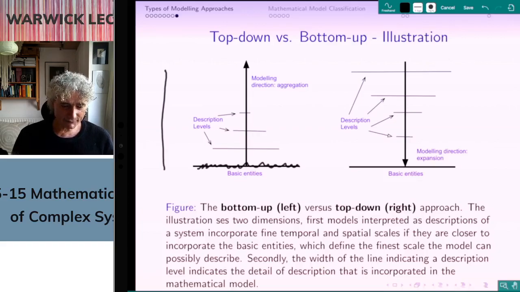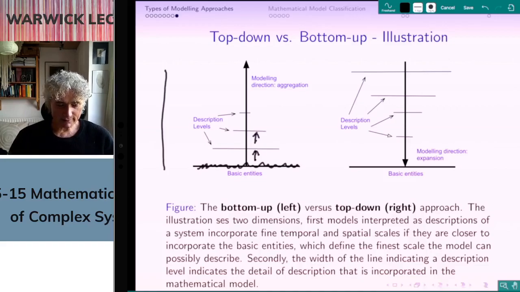They are indicating description levels. So you see that at the lowest level you have the complete information, so you try to make a model of all basic entities you have in the system and their properties, and then by aggregation you might have a little bit more compact mathematical model, and so the description depth, the width of this line, is decreasing the more you do aggregations, but you climb up, on the other hand, this ladder of scales.